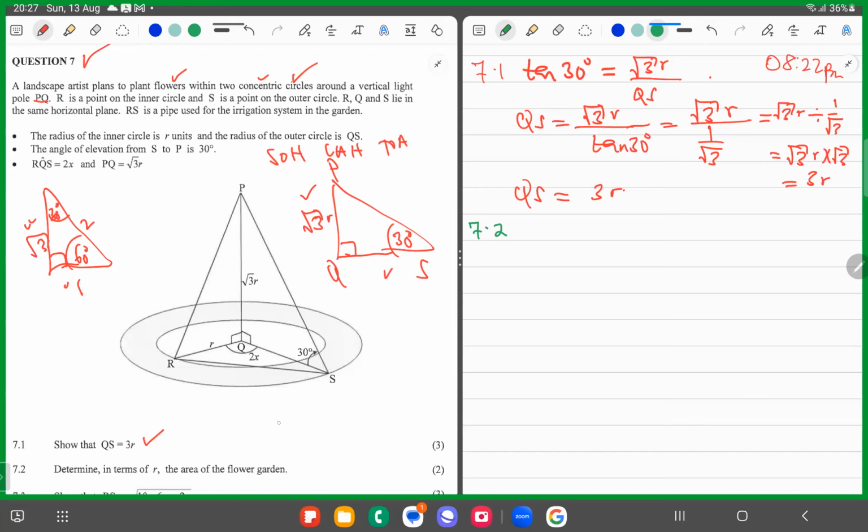The area of the flower garden is the region formed by these concentric circles which share the same center, and therefore the area would be the outer area minus the inner area.